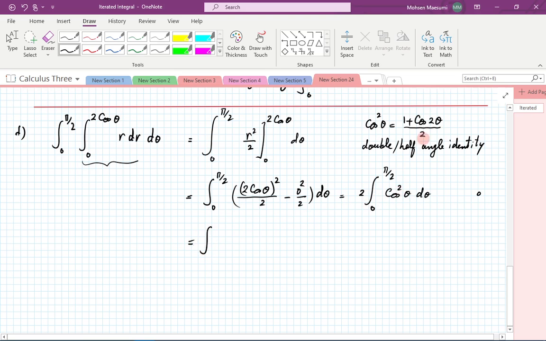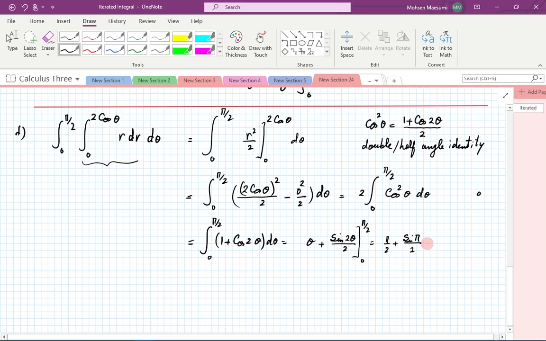2 times cosine squared will be 1 plus cosine of 2 theta, again from 0 to pi over 2. Now the antiderivative of this with respect to theta: the antiderivative of 1 is just theta. The antiderivative of cosine is sine of 2 theta over 2. Then we have to evaluate it at the two ends. At the high end we have pi over 2, and this becomes sine of pi over 2.